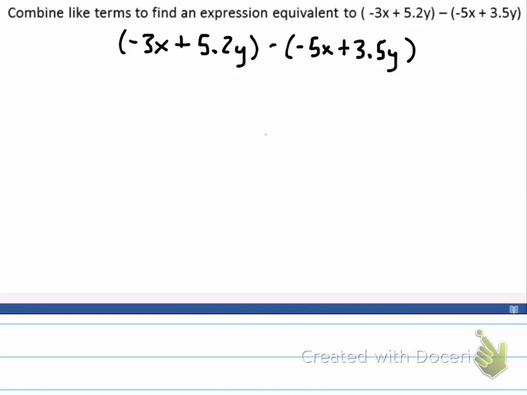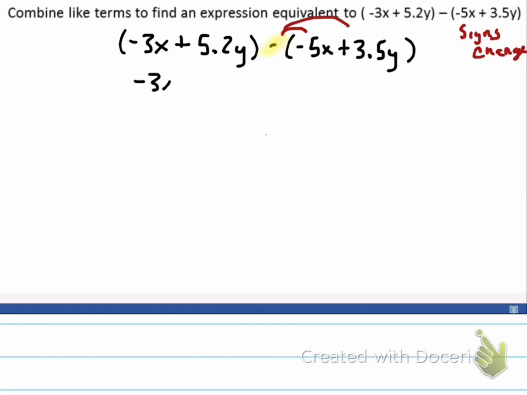Alright, so let's look at this. We've got to combine our like terms. This, though, needs to be distributed, which is a little tricky. So what's going to happen is the signs are going to change. So signs change here. Okay, so all those signs are going to change. So I'm going to rewrite the first one. So it'll look like this.